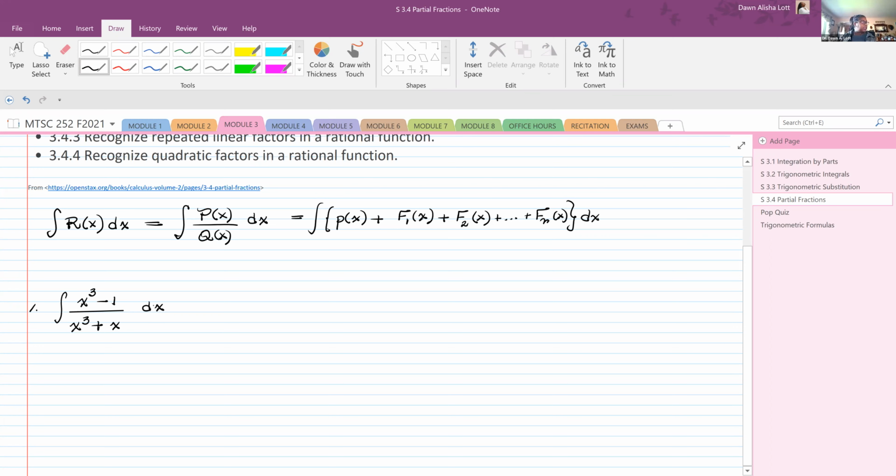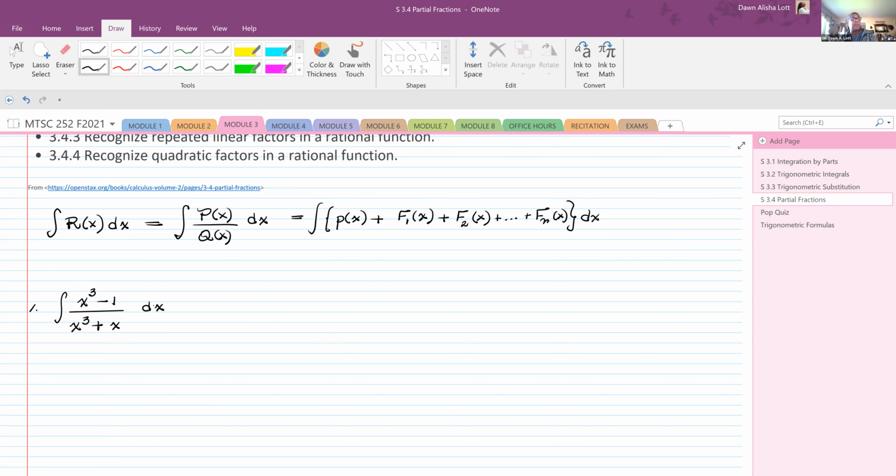As we can see, let's think. No sines, cosines, tangents, no trig functions. Doesn't look like an inverse trig, so we can't use that. No exponentials, no logs. No integration by parts. There's nothing that we've learned before that we can try to do this.